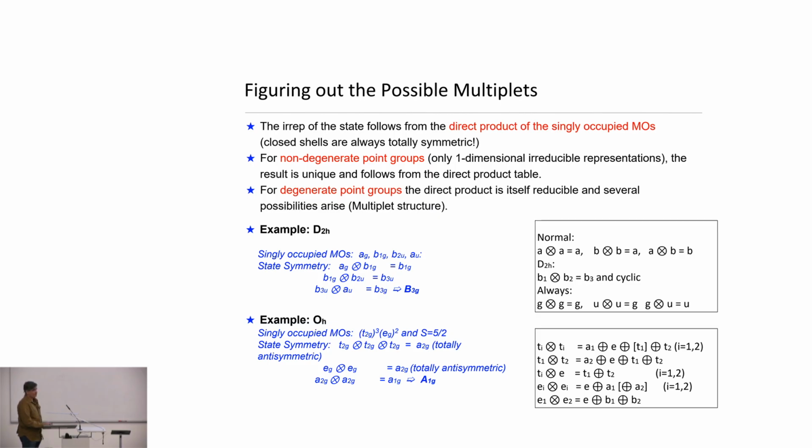It's getting more involved if you are in non-abelian point groups, like cubic point groups, for example, that have degenerate representations, because then the direct product of two representations is again reducible. And that is getting more complicated. I don't want to go into it, but one thing you find in your group theoretical tables is that, for example, the direct product of T with another T gives you A1 plus E plus T2 plus square brackets T1.